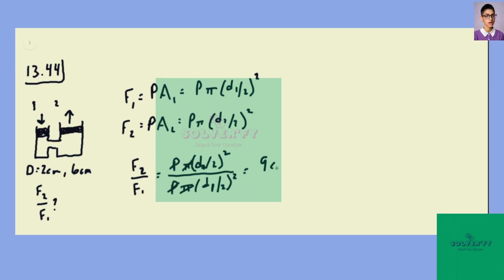So this should be 9 centimeters squared over 1 centimeter squared, which now makes more sense because the force from 2, since it's larger, should be greater. And so you can exert a force with piston 2 here that's a factor of 9 greater than the force you apply to piston 1.